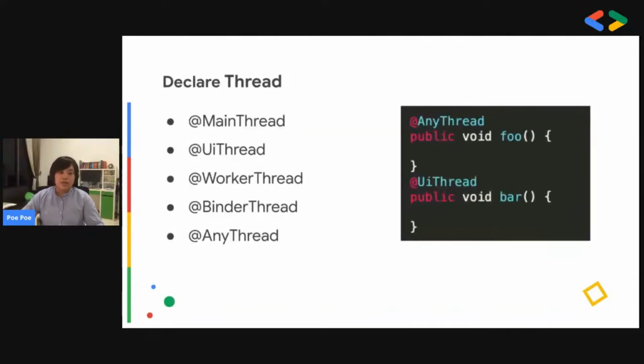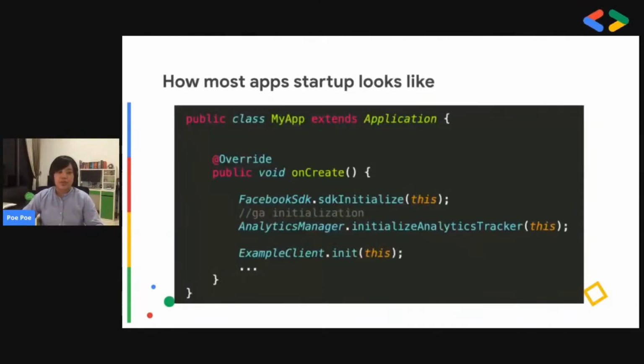So after all this, you know how most apps' startup looks like. Maybe I have all these different libraries integrated. I have a Facebook SDK, as an analytics manager I have my own class to wrap all the analytics, and then I have another library, etc. So all these make my application startup a big chunk of code.